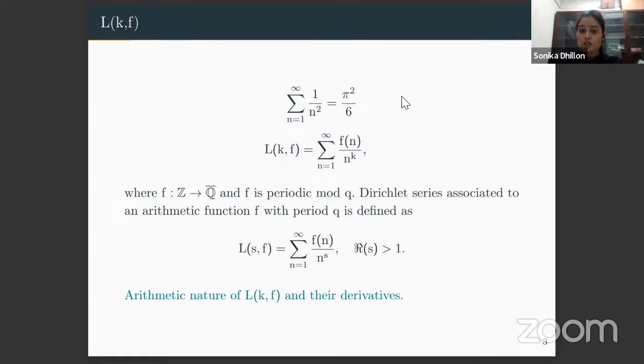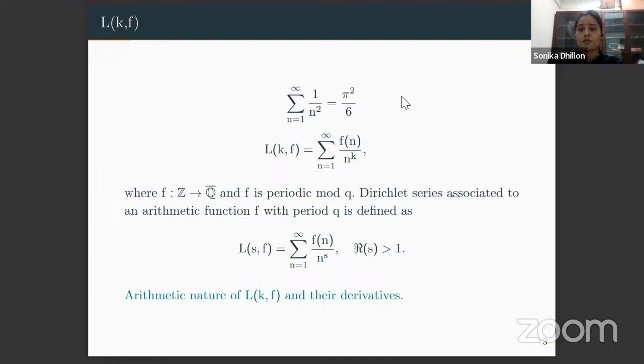When s is equal to 1, we have a pole with a residue that we will see later. If the residue is 0, then one can study the arithmetic of those series. Since it is extended to the complex plane, one can talk about the derivative also. So basically, we are interested in the arithmetic nature of these series as well as their derivative.